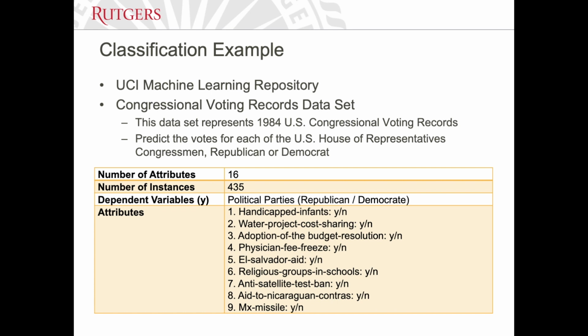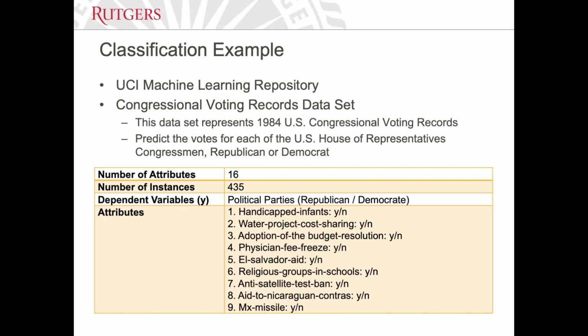In this case, I use a dataset from the UCI Machine Learning Repository. It's a very popular machine learning database. You can find a variety of datasets to exercise your classification skills. The dataset I chose represents 1984 US congressional voting records.